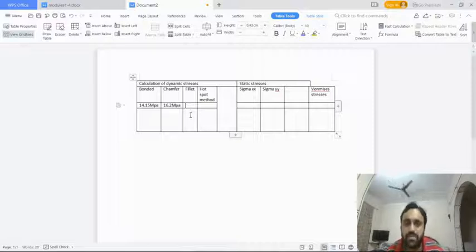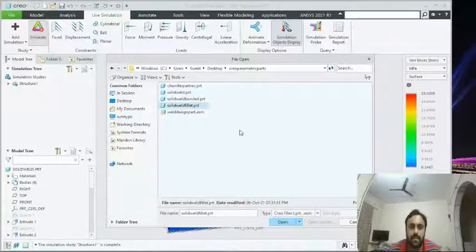Also, now we're gonna check the results for the fillet one. For the fillet part, where the fillet bend is done, we're gonna check it here like this. So we're gonna check the solid fillet bend part.